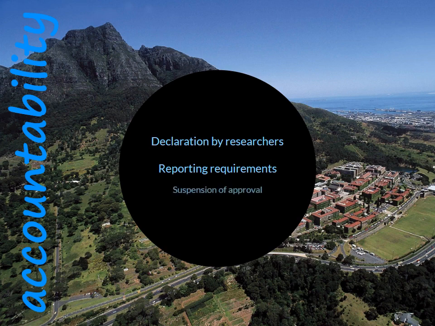And finally, suspension of approval. If or when a UCT and/or external research ethics committee establishes that a research project is not being conducted in line with the approved protocol, resulting in an infringement of the rights and/or welfare of the participants, the Research Ethics Committee may withdraw the approval from the project.